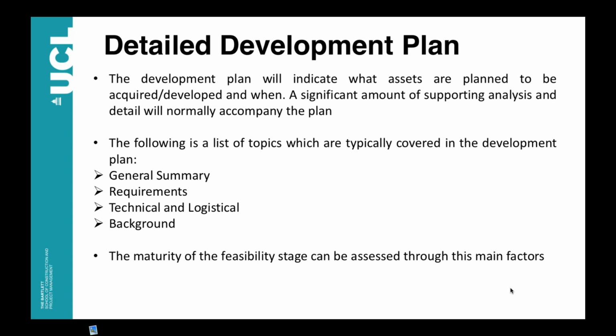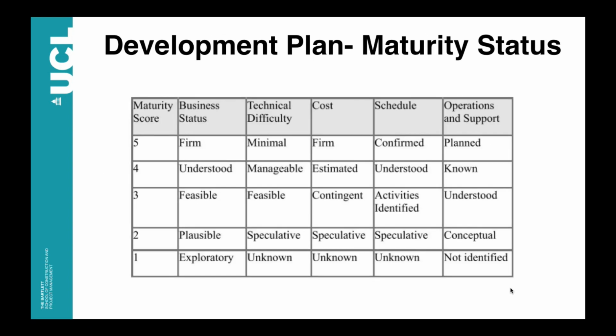The maturity of this stage can be assessed through different factors. As you can see in that table, these factors are the business status, the technical difficulty, the cost, schedule, and the operation and support. By numerical classification of all these different factors, we will understand the maturity status of the development plan.